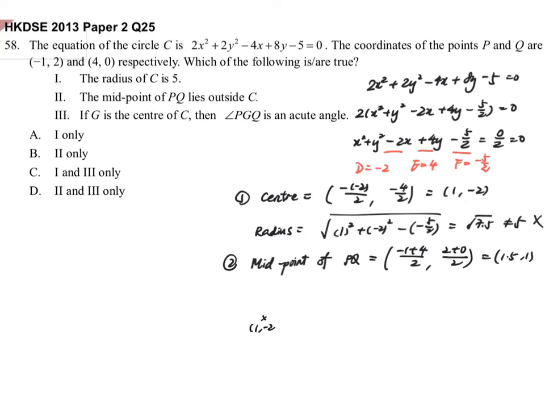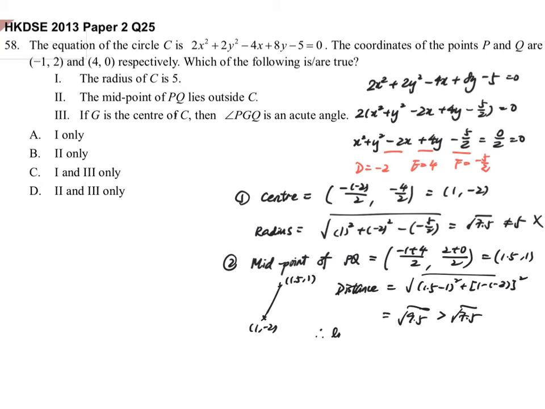Then we compare the distance of the 2 points with the radius. The distance is square root of 1.5 minus 1 squared plus 1 minus negative 2 squared. We get square root 9.5. It is greater than square root 7.5. Therefore, the midpoint of PQ lies outside C.